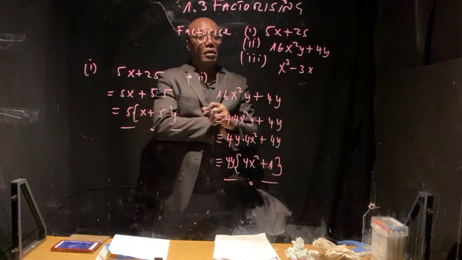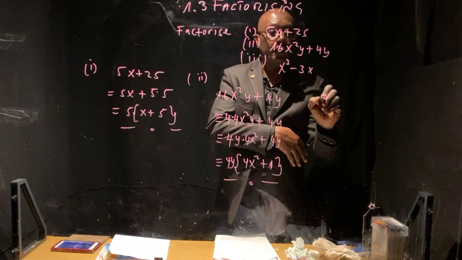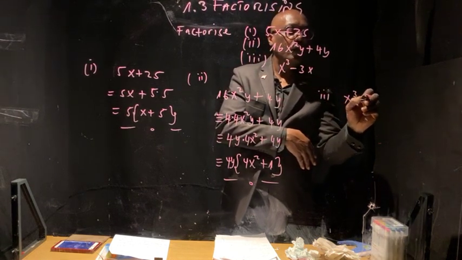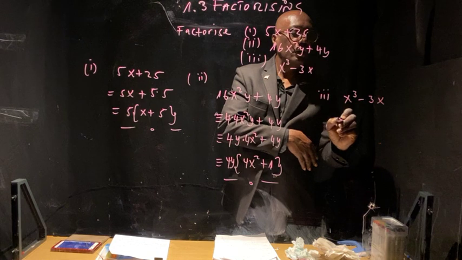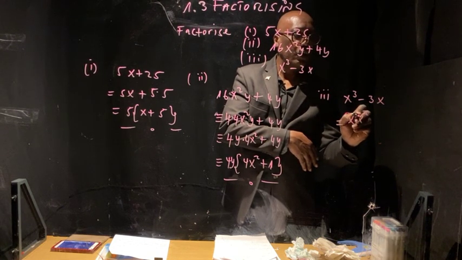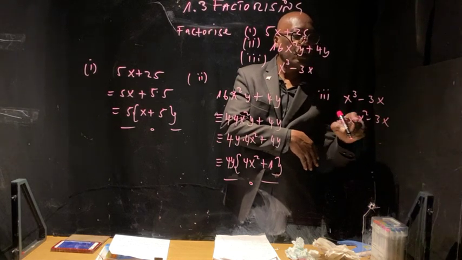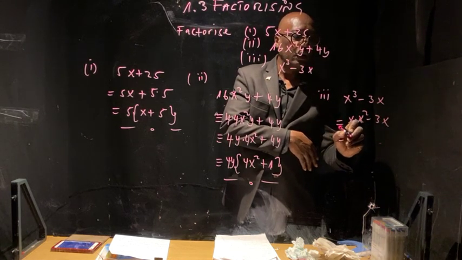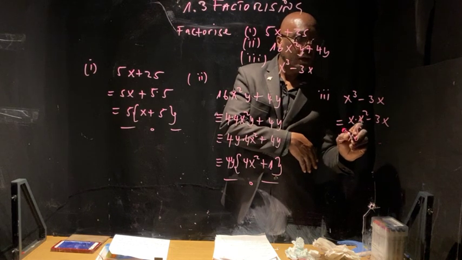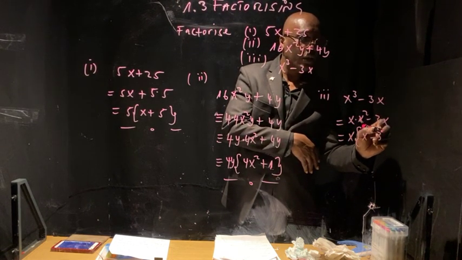Then the third one says that x cubed minus 3x. This is no different from x multiplied by x squared minus 3. You have x here, you have x here, you can factorize the common factor out. x outside the bracket, x squared minus 3.